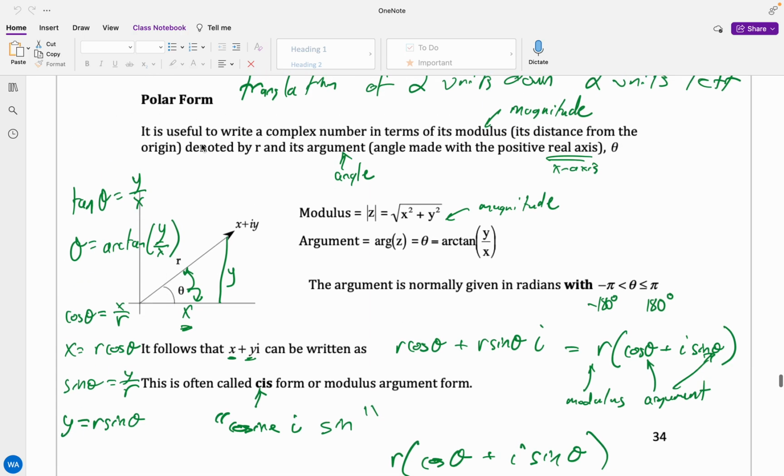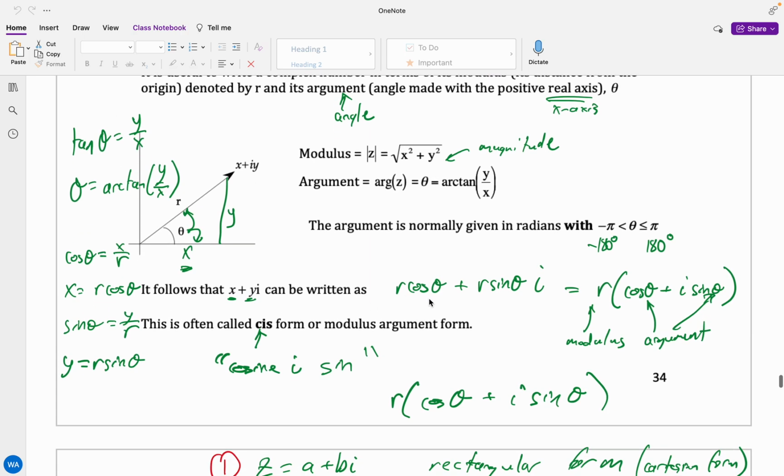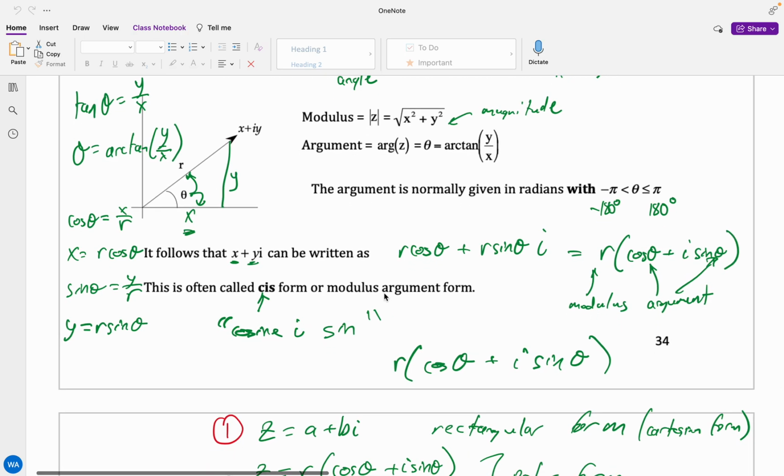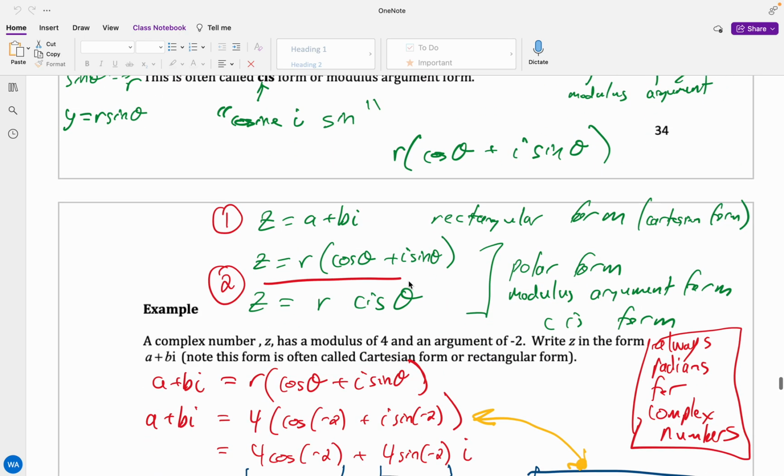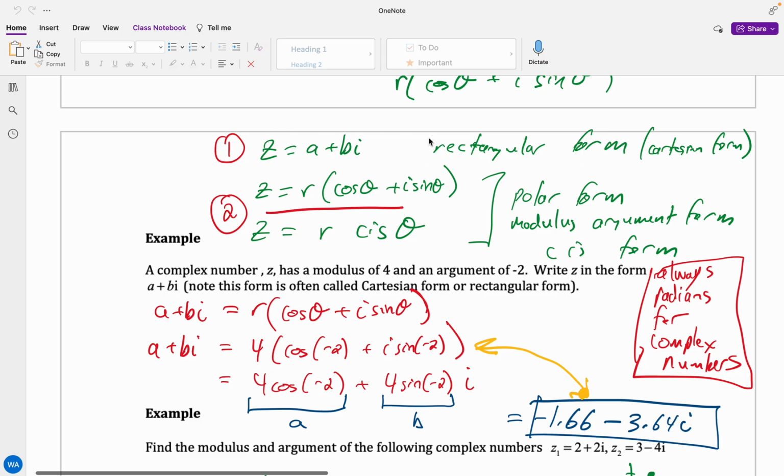So we're talking about polar form, and polar form is written like this. It's often called the cosine i sine form, or shortened to CIS, or modulus-argument form, because it shows you both the modulus, the length of the line created, and the argument, which is the angle created. We summarize the two forms here.